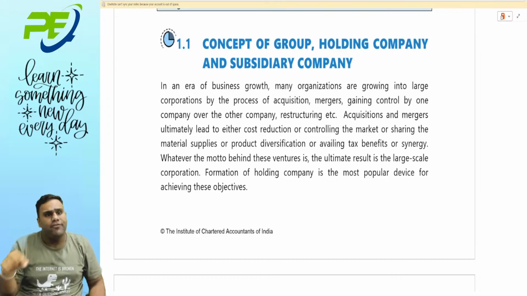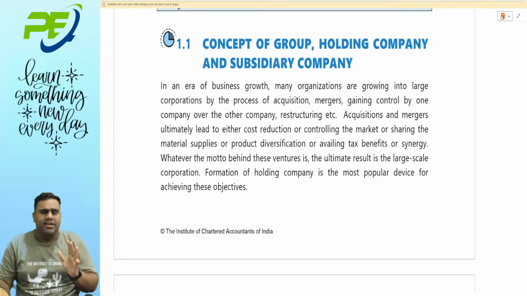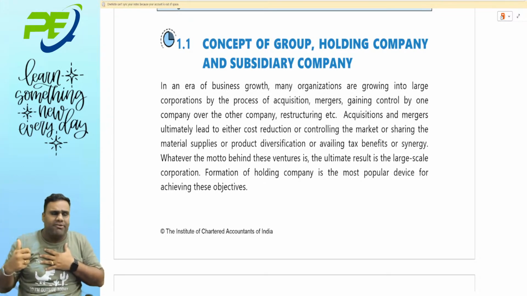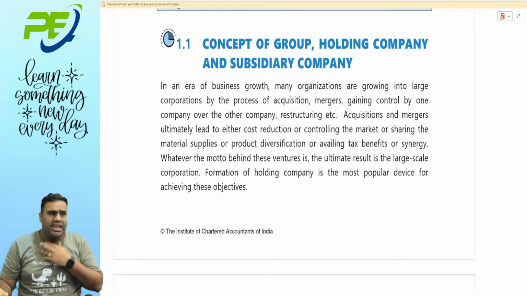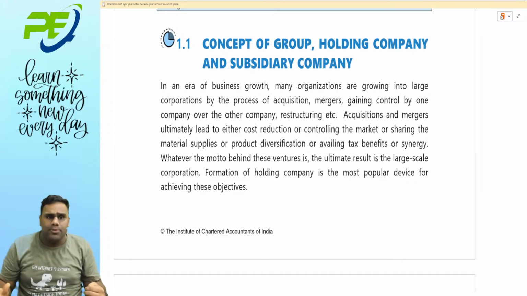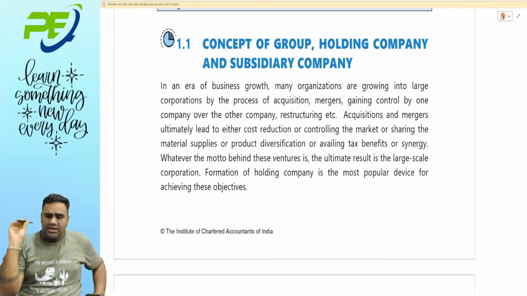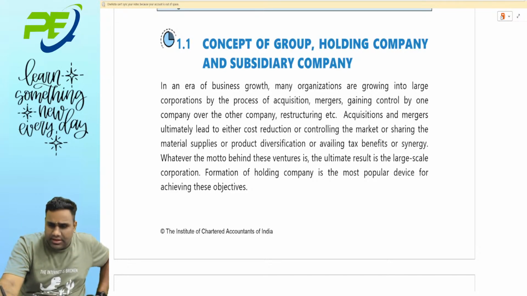First, more than one half of the total voting power. If one company has more than one half of the total voting power, this company is called holding, the other company is called subsidiary. And second, it controls the composition of the board of directors.